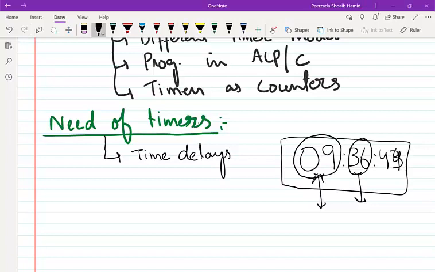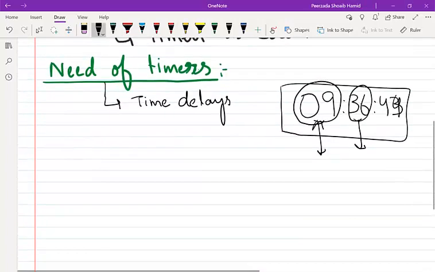So what exactly is a timer, what is inside a timer? We basically have a register that increments itself at a given rate. In the case of timers, this rate is determined by the crystal oscillator connected to the microcontroller.